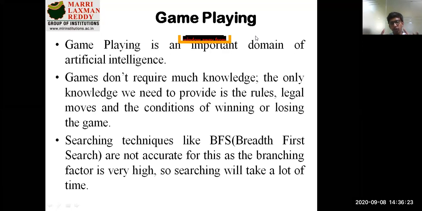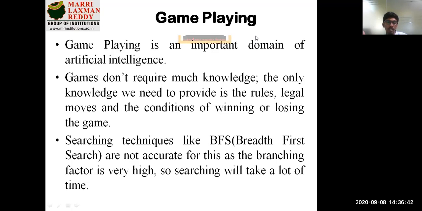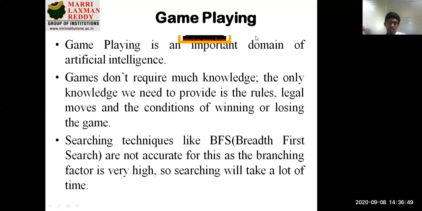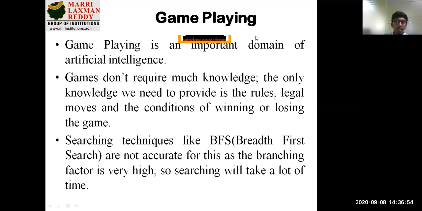According to the levels we define, if you pass the level, it will be a winning condition, else it will be a losing condition. The next point is searching methods like BFS and DFS. BFS might not be accurate here because it leads to a high branching factor. That's the reason BFS is not considered an appropriate approach for game playing. We can use a depth first search algorithm, which we will discuss in the upcoming explanation of game playing.